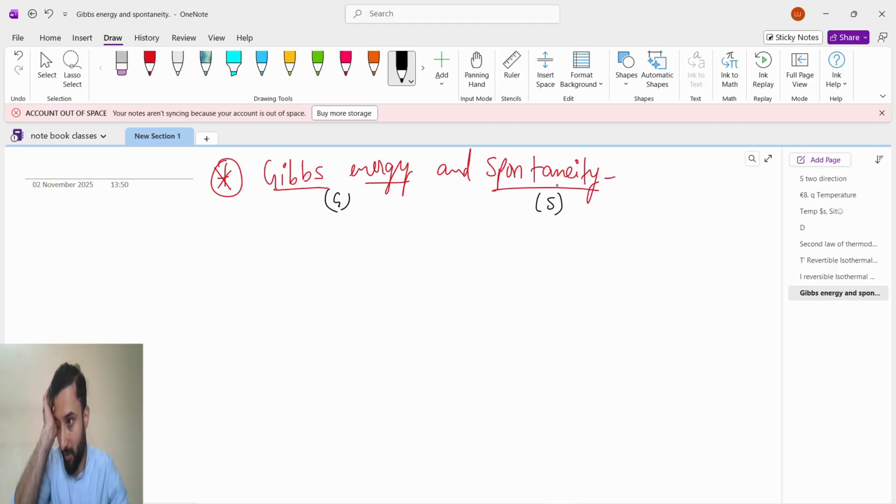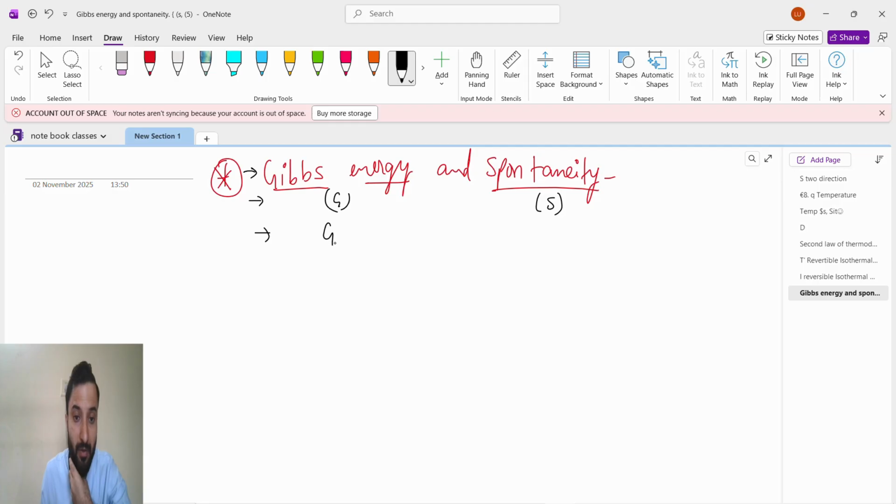Spontaneity is nothing but spontaneous, means entropy. So Gibbs energy and entropy. Sometimes they will ask in the examination, write down the relationship between Gibbs energy and spontaneity, or write the relationship between Gibbs energy and entropy, or one more thing.